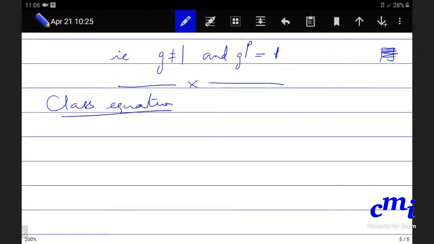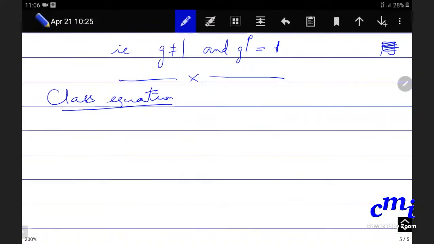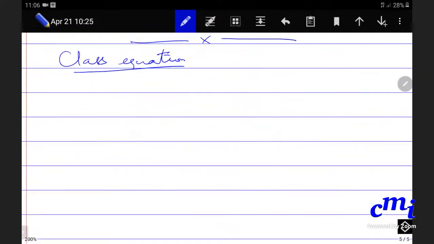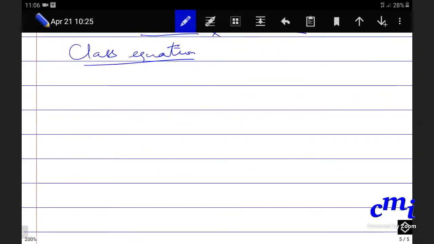Yes. So I had not said anything. I wrote class equation, and then I didn't say anything. Okay. So now this is again studying something about a group. So let G be a group, a finite group.